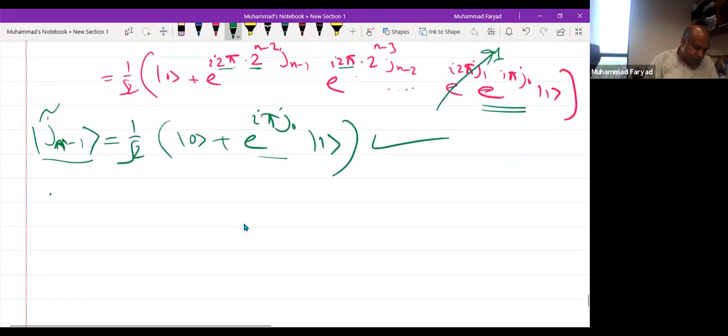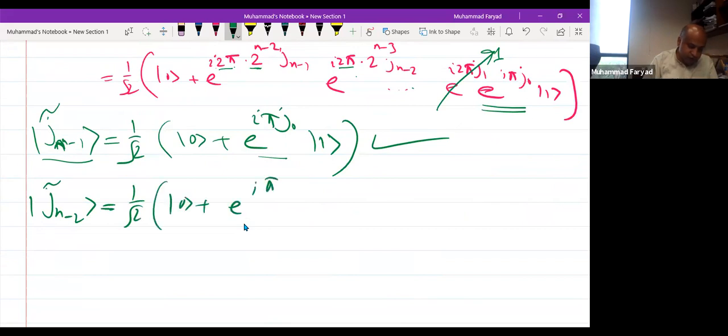Okay, so let's go to the next term, which is 1 over square root 2, 0 plus exponential iota pi by 2j. Let's expand j again.